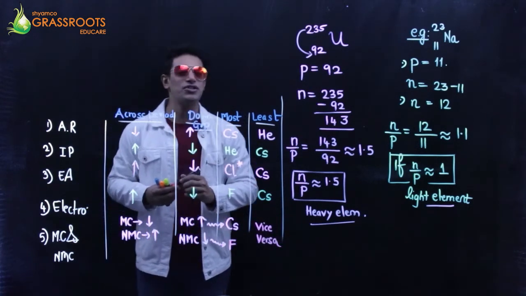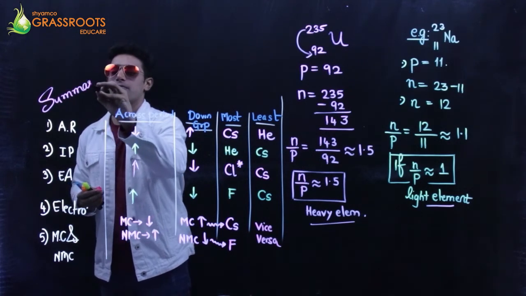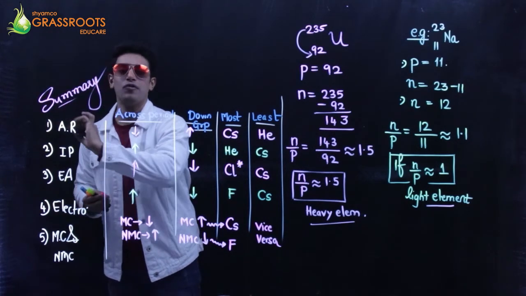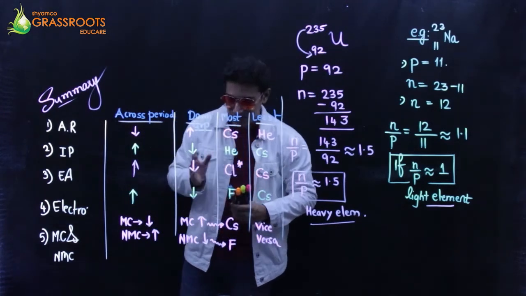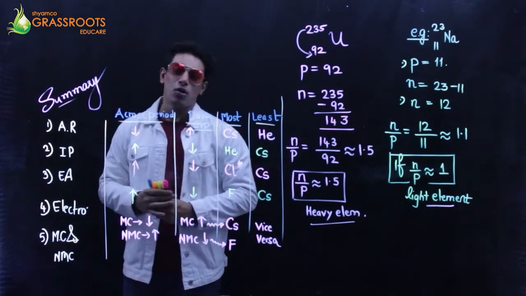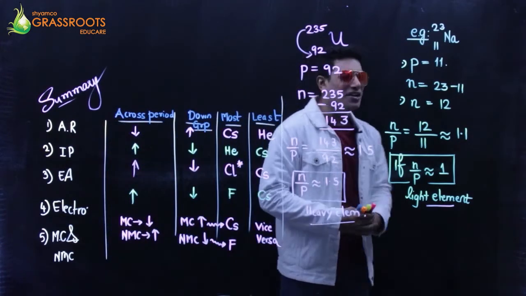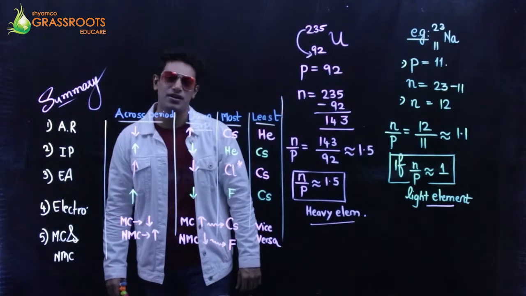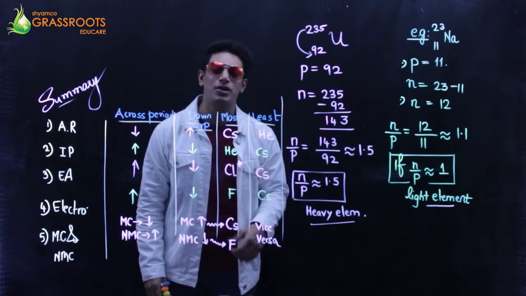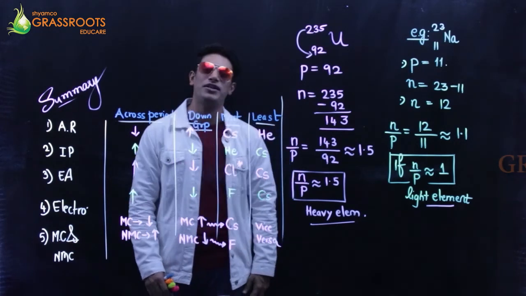Right? So this was a gist, a summary chart for the periodic properties in a periodic table. So guys, this was the end of my chapter. What we have studied in this chapter was, first we spoke about the demerits, the defects, the limitations of the people who started with the positioning of the elements in a periodic table.